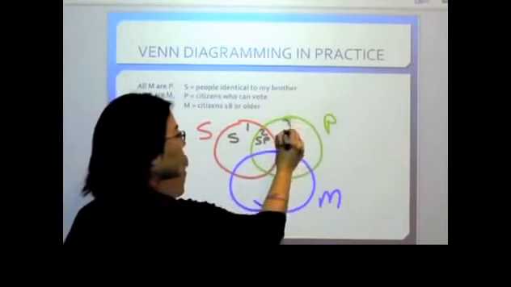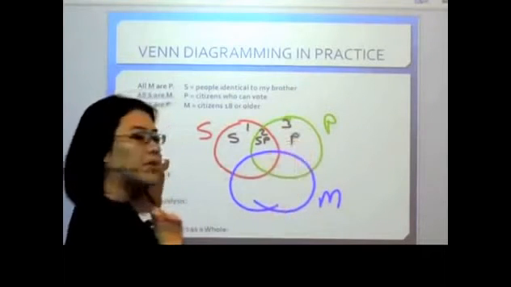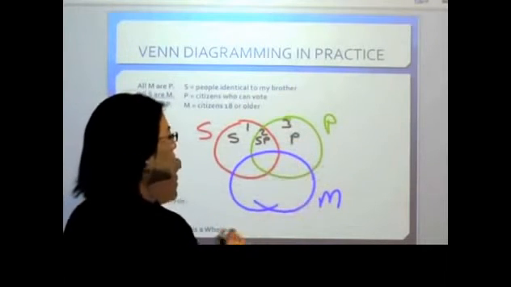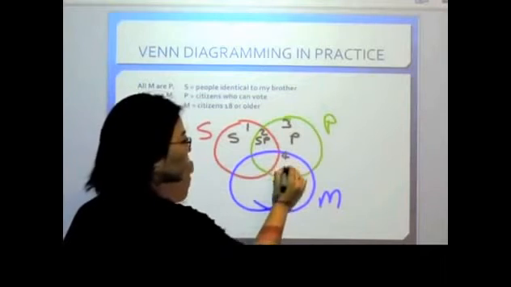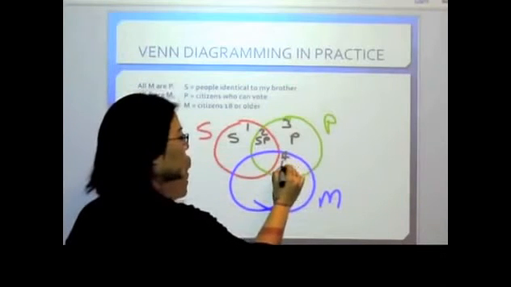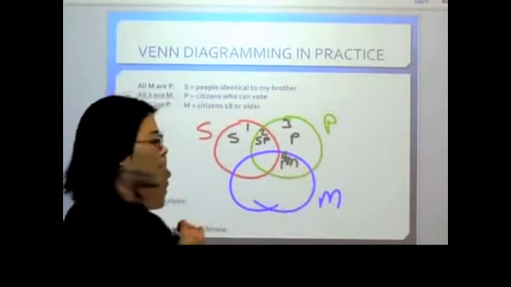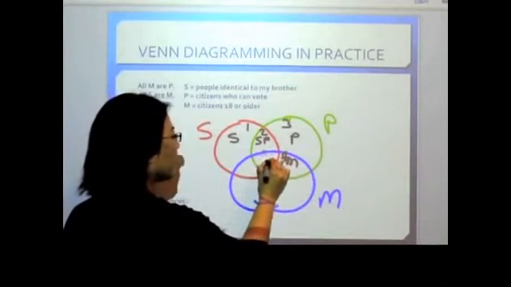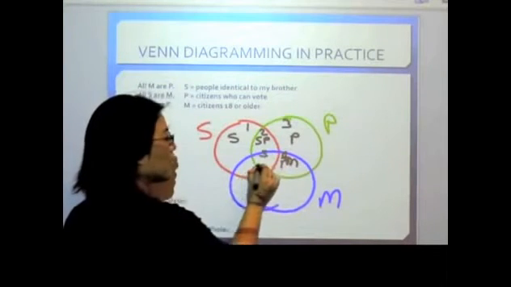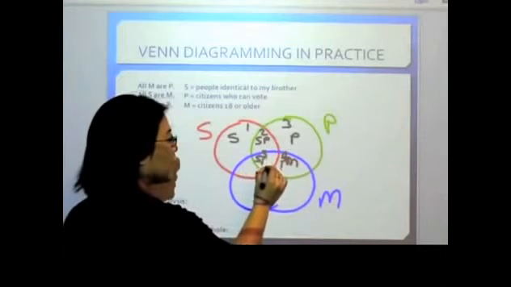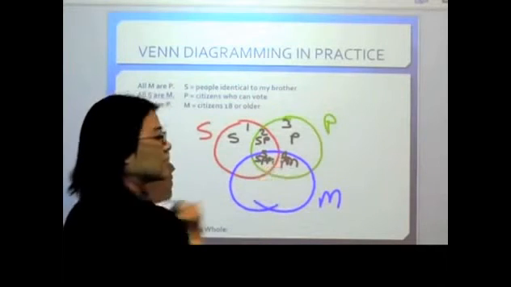And here we have area 3, which is those things that are P's, and just P's. Here we have area 4, which are those things that are P's and M's, okay? And here we have area 5, which are those things that are S's, P's, and M's, okay?